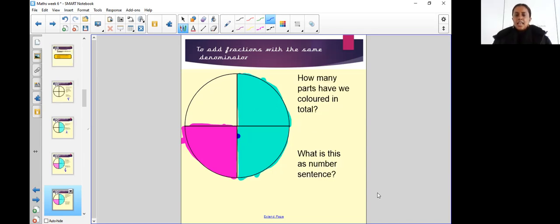So what is this as a number sentence? Now we could do 2/4 add 1/4.